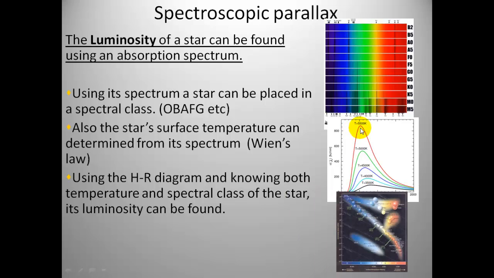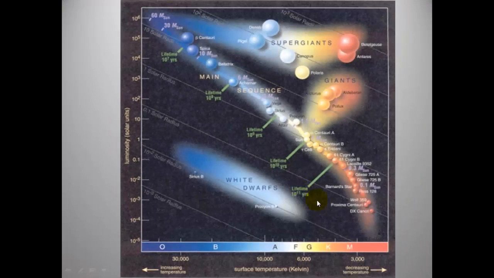So we have this star here, which is 5,500 Kelvin. It's somewhere here. We read off on the HR diagram, and it's approximately 1, the luminosity approximately of our sun. Here we go. So we look at the spectrum of a star, we find this G star here, we read off, and it's got a luminosity relative to the sun of 1, because it is the sun.